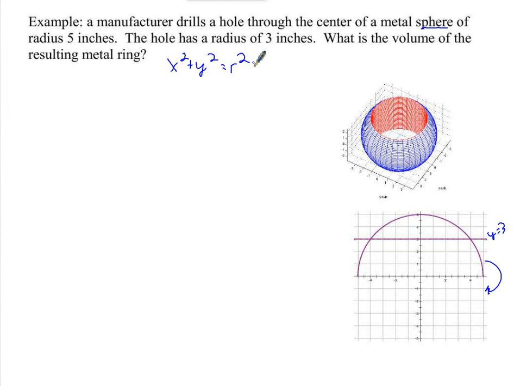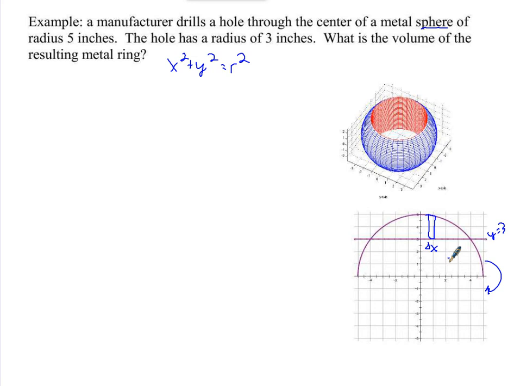Okay, so let's set up a representative rectangle here so that we understand how this thing has to work. I'll put it right here. This slider has to slide all the way from here, whatever that is, to here, whatever that is. Okay? And it does work. We're not going to have any issues with having to split up integrals or anything like that. So this thing slides smoothly. Because of the fact that it's shaped like this, that gives me a delta x, which means I need my function solved for y.